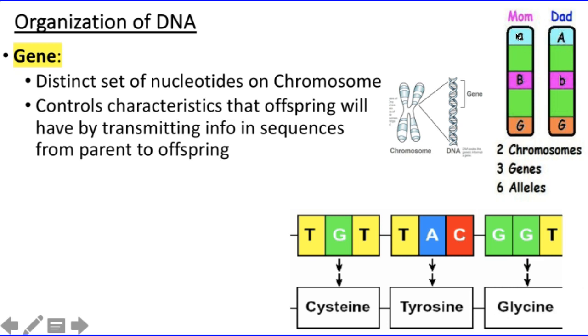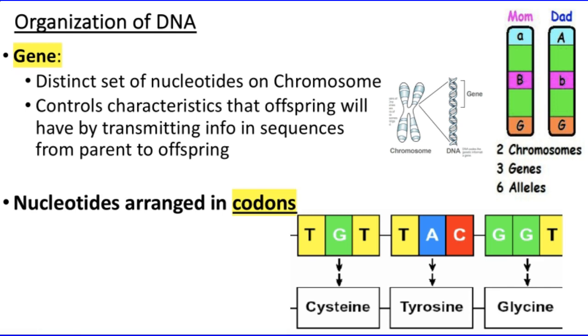But if it's a homozygous recessive allele right here, maybe that might be the blonde hair color allele. Same thing right here. This is going to be a different gene. Let's say this is the gene for eye color. Maybe this is the gene for height. They're just a segment of DNA in the entire genetic code of an individual.